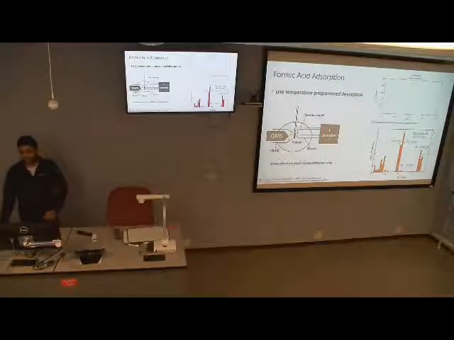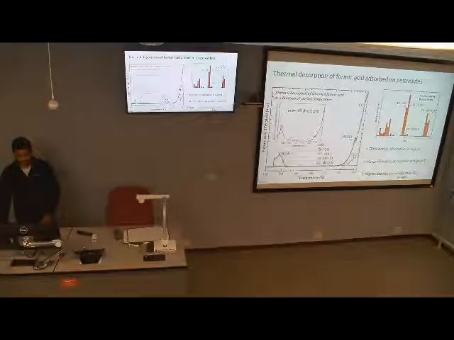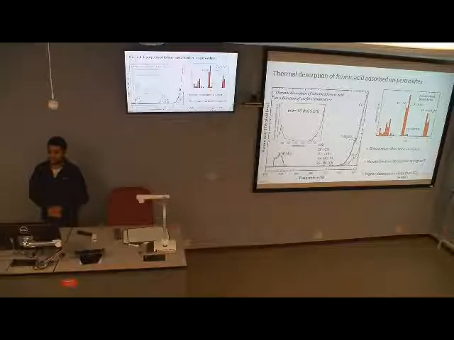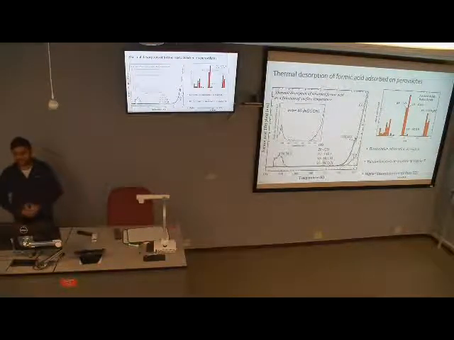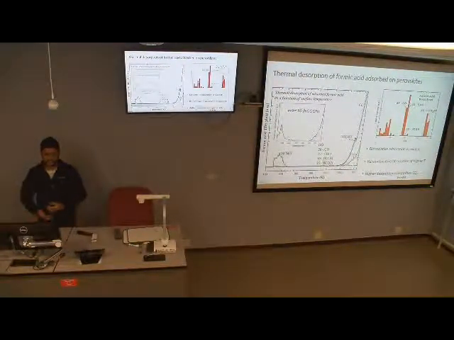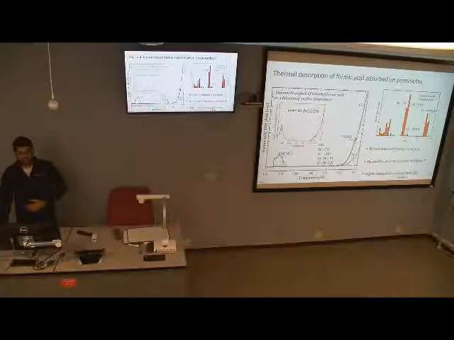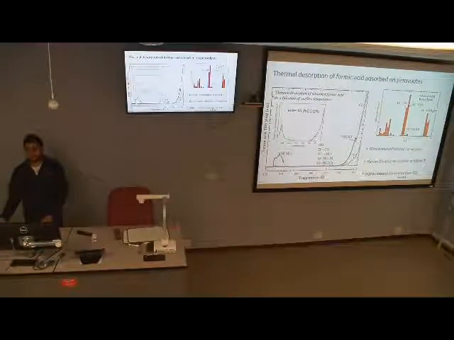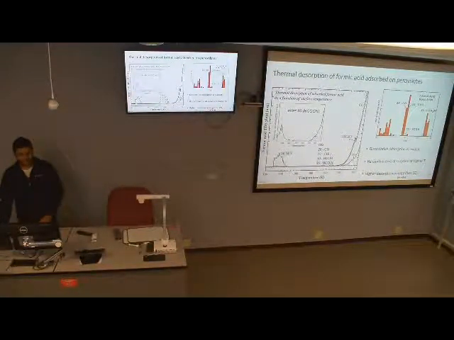And these are the fragments that we collected, and these are the thermal desorption profiles that we collected during the thermal desorption experiment. Here you can see the thermal desorption spectra as a function of surface temperature. At lower temperatures, we could detect the molecular desorption of formic acid.